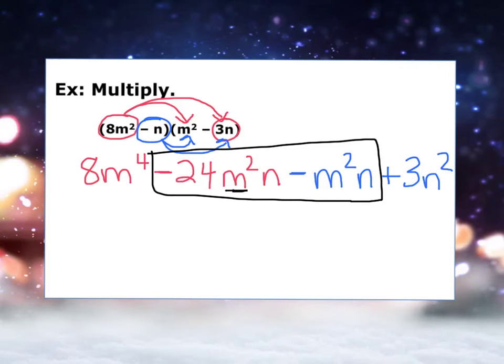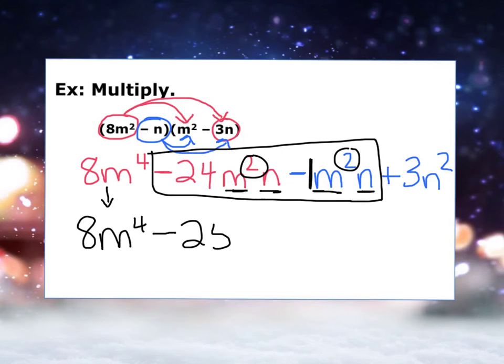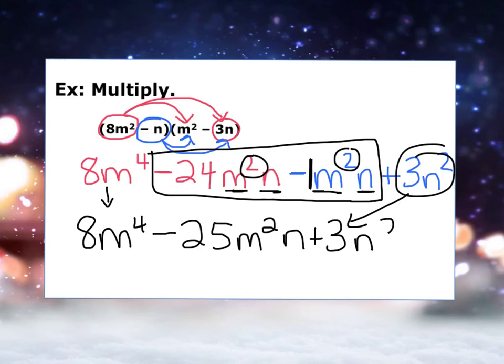They have the same base m and n, and they have the same exponent of 2. So I'll combine those. I'll just rewrite the first one, and I get 8m to the 4th power. It has the highest degree. And negative 24 minus 1 is going to give me negative 25m squared n. And then I'll just combine the plus 3n squared.